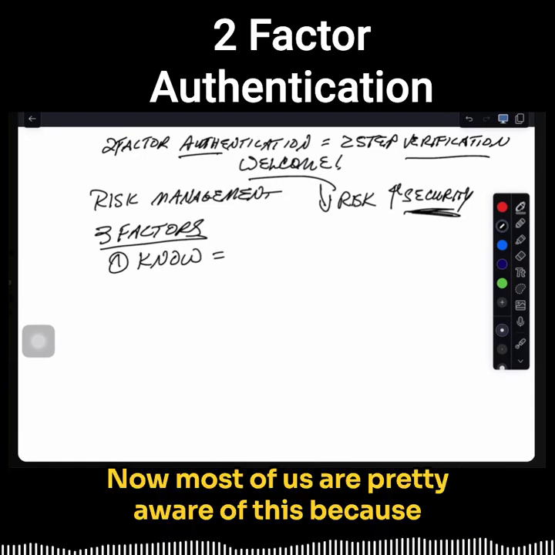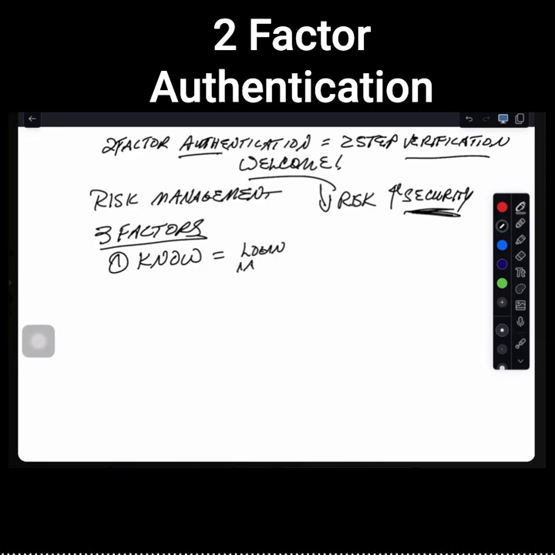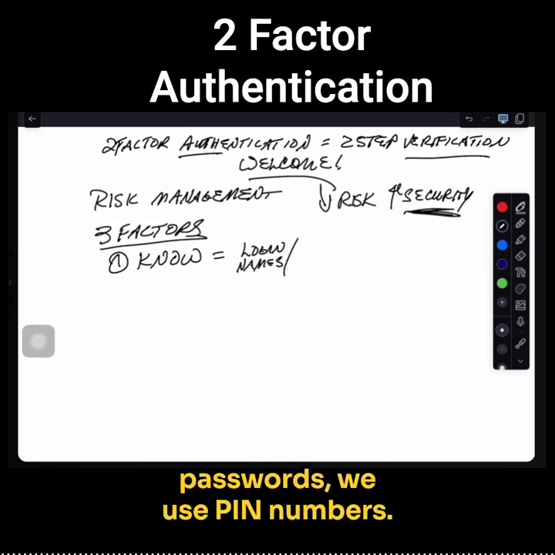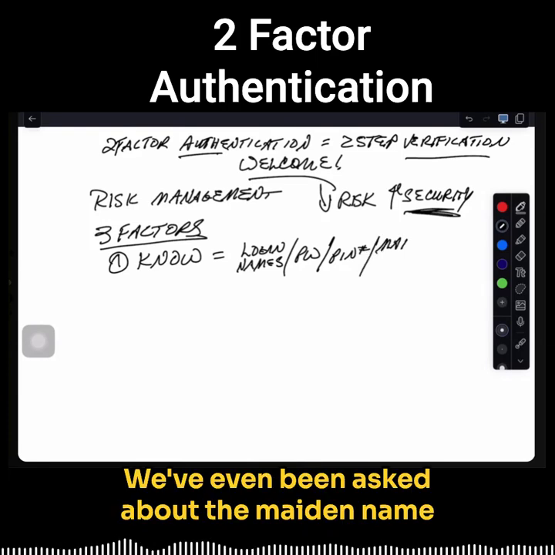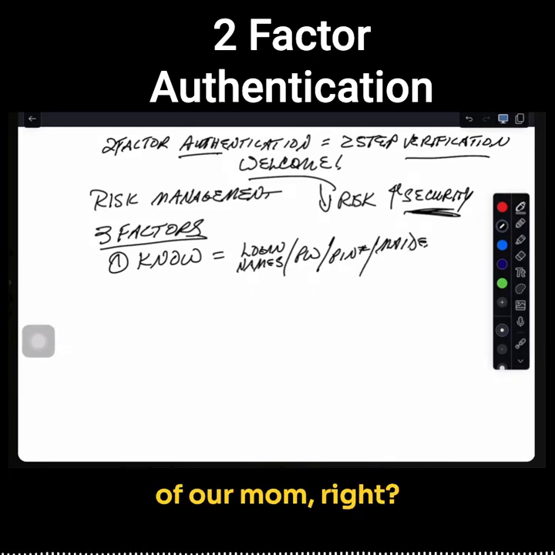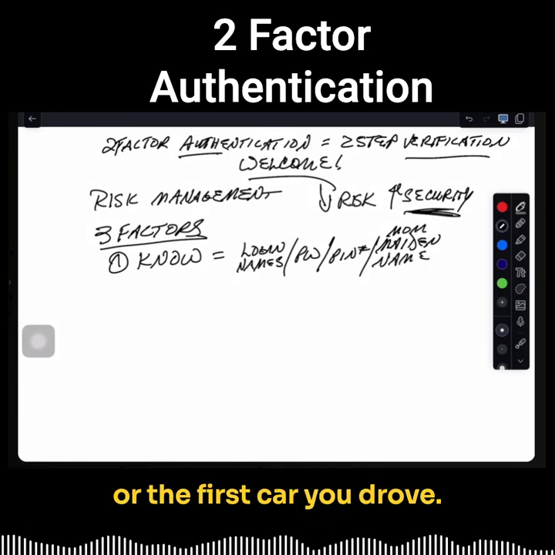Now, most of us are pretty aware of this because we use login names, passwords, we use PIN numbers, right? We've even been asked about the maiden name of our mom, or the street you lived on, or the first car you drove.